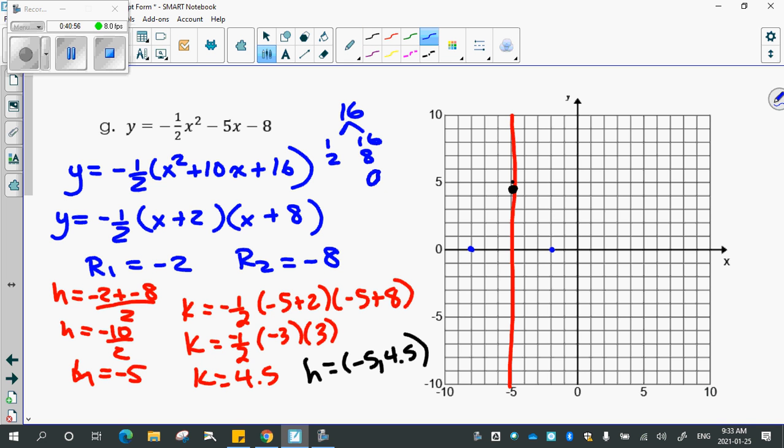a is -0.5. So we're going down 0.5, 1.5, 2.5. So you land right on the corners there for your first 0.5 down. 1.5 down. 2.5 down. Right on your intercepts.